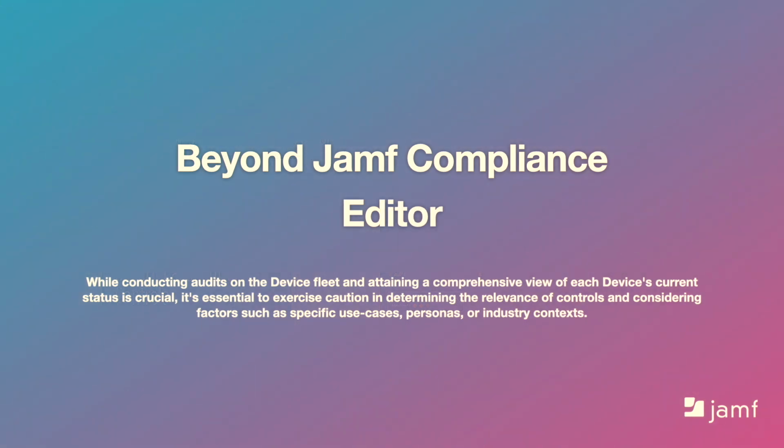Beyond Jamf Compliance Editor, I keep mentioning that CIS has around 175 controls. It's always great to have a comprehensive list of controls that you can work on and then deliberate whether each is actually beneficial for the organization. But there's going to be stuff that goes beyond what Compliance Editor or CIS wants you to do, and these aren't supported natively out of the box.